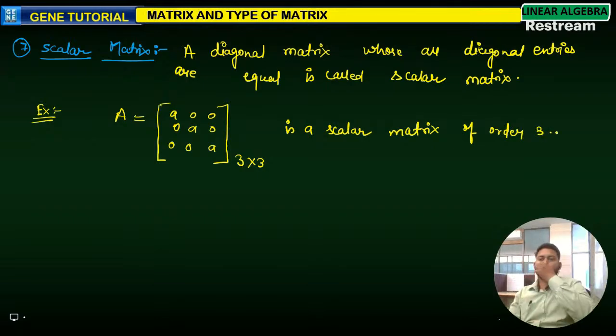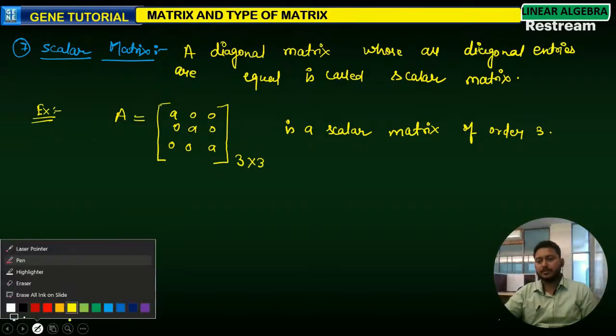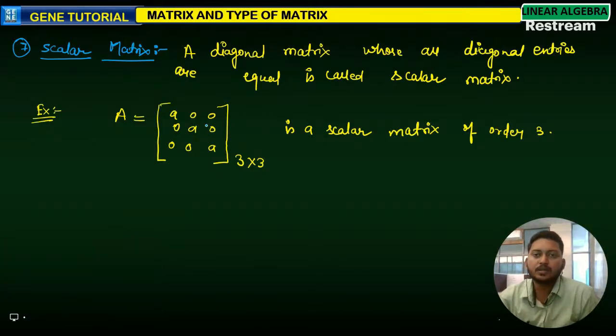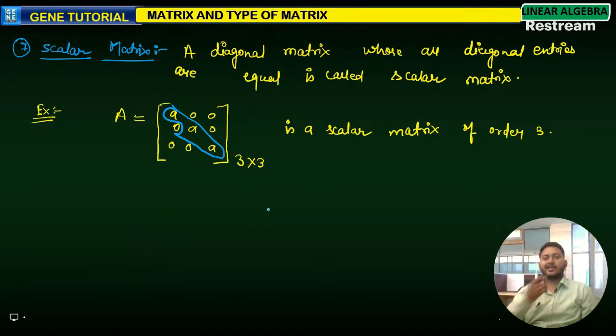Okay, these are scalar matrices. A diagonal matrix whose all diagonal entries are equal is called a scalar matrix. You see the diagonal entries are the same; we put a in the diagonal places, and the order is 3. So we say that it is a scalar matrix.